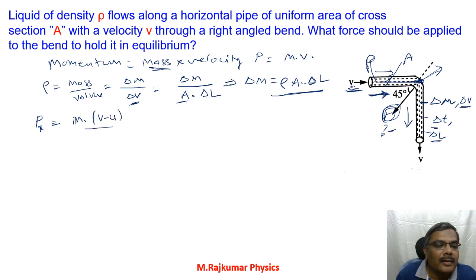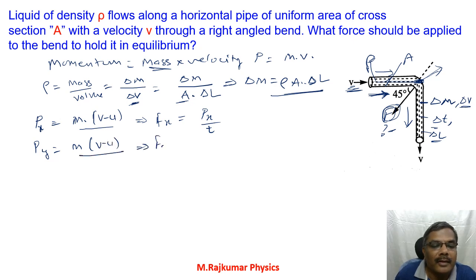And if you want to find out the force along the x-axis, it will be the rate of change of momentum. So it will become Px by t. The same way for Py will be m into v minus u, and Fy will be equal to Py by t. So this is your change in momentum.